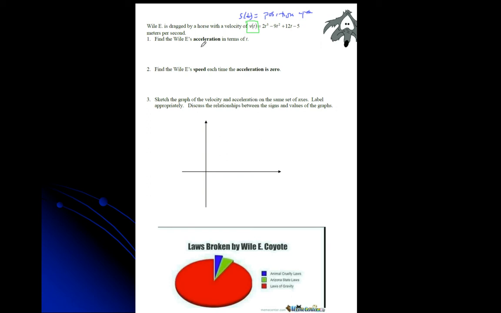Find Wile's acceleration. If you read this problem wrong and assumed I gave you position, you would take two derivatives. But I gave you velocity, so acceleration is the first derivative of velocity.